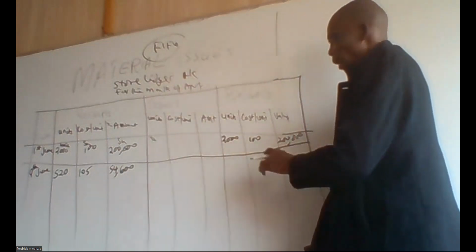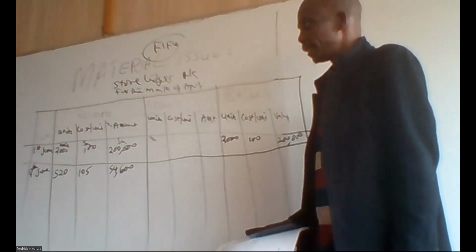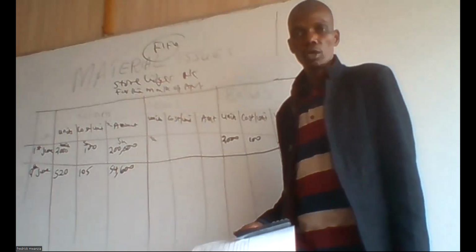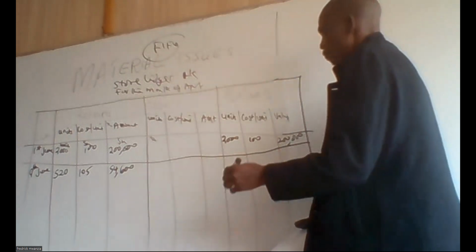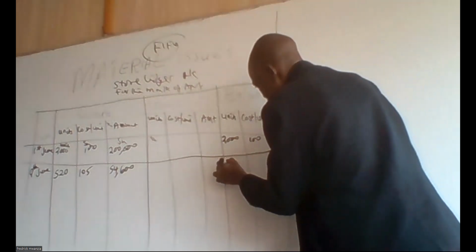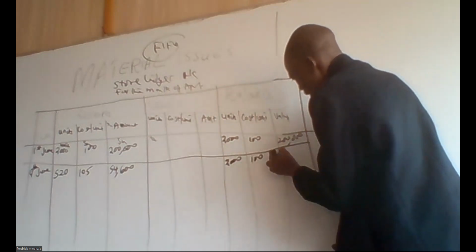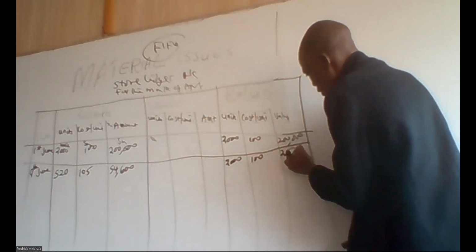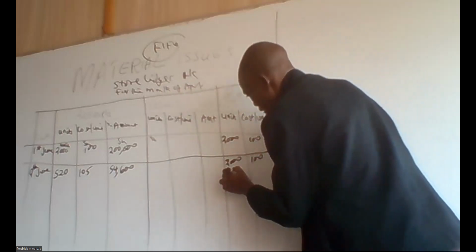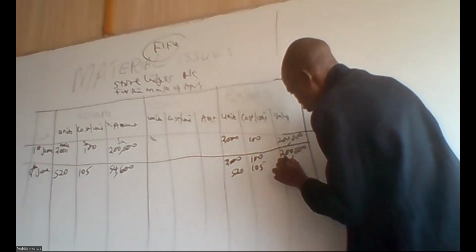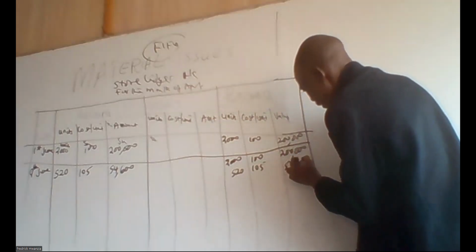So on the balance column, you have to indicate clearly those two compartments in chronological order. We start with the first one that we received, and then this consignment, which is priced at 105 and goes to 54,600.